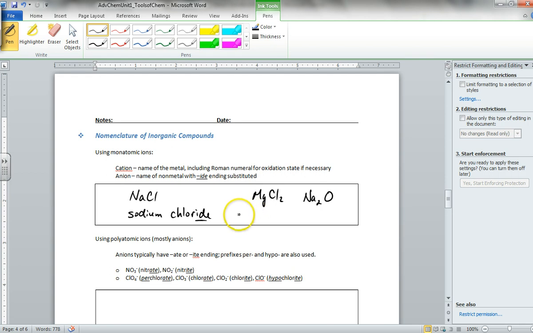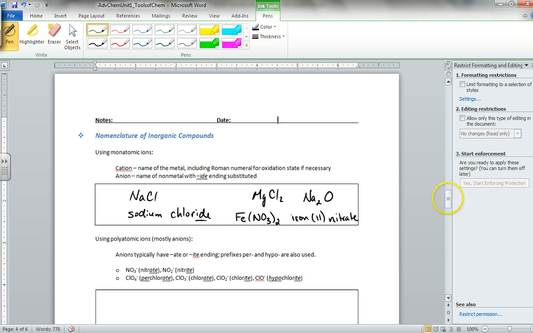If you have a substance that contains a transition metal, such as iron, which can have multiple oxidation states, we're going to have to name it including the oxidation state. So iron(II) nitrate.